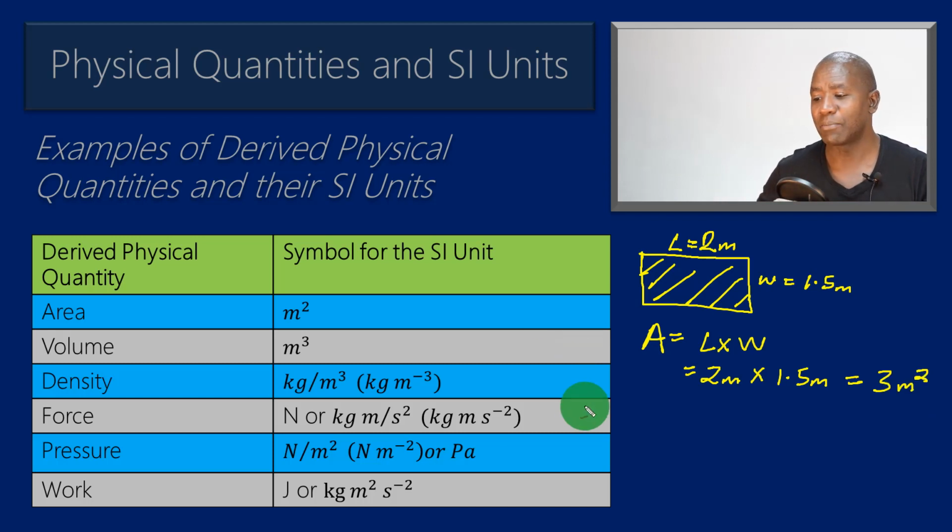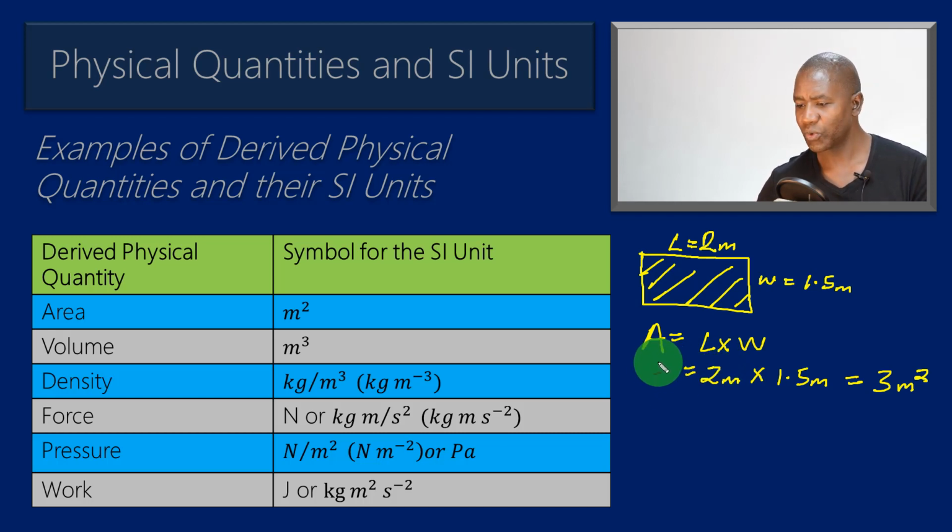So over here, I'm talking about the area of this shape here is 3 meters squared. Area is the physical quantity, this time a derived physical quantity. This shape is the item, and of course I've got a number and a unit. I'd like you to stick to these rules. It's very important in physics to observe that particular rule.